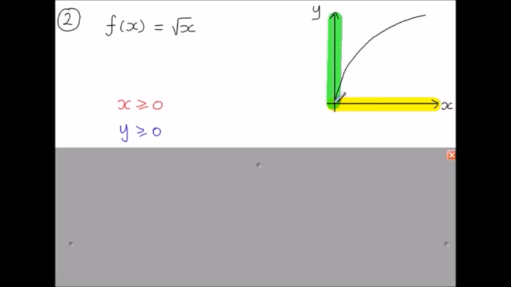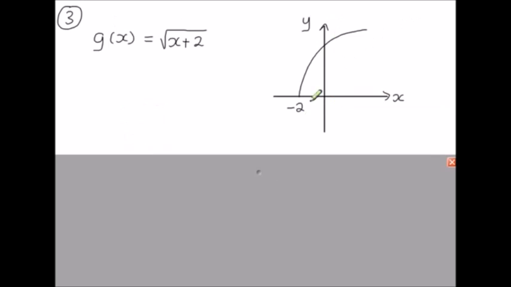So we can't have any negative y values. In this example, the domain, the set of values along the x-axis, clearly that is x greater than or equal to minus 2. And the range along the y-axis, y is greater than or equal to 0.